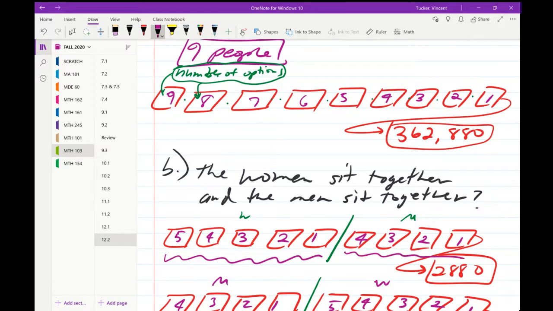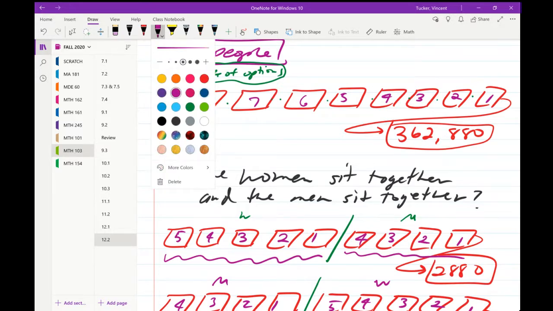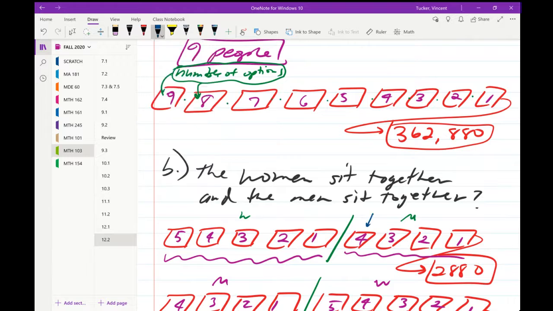And once again, in my boxes, I put my choices. How many choices do I have for each seat? So in the first box for the women, I go 5. When she sits down, 4, 3, 2, and then 1. And for the men, I start off with 4. And then after he's sat down, it goes 3, 2, and 1. Multiply those together, I get 2880.